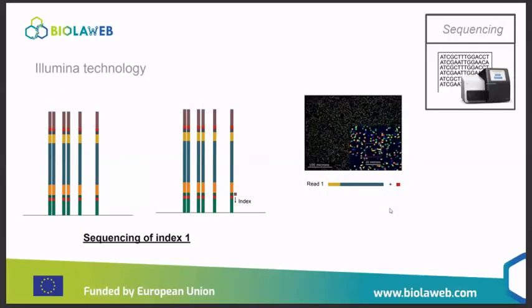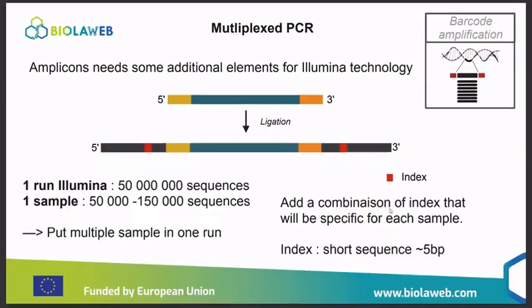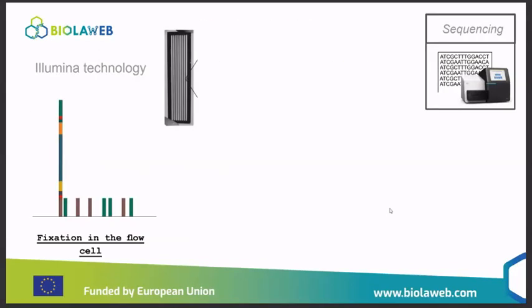Yeah. It's because in one flow cell, you can sequence millions of sequences. And it's too large an amount of sequence for only one sample. So you will put multiple samples in one single flow cell.